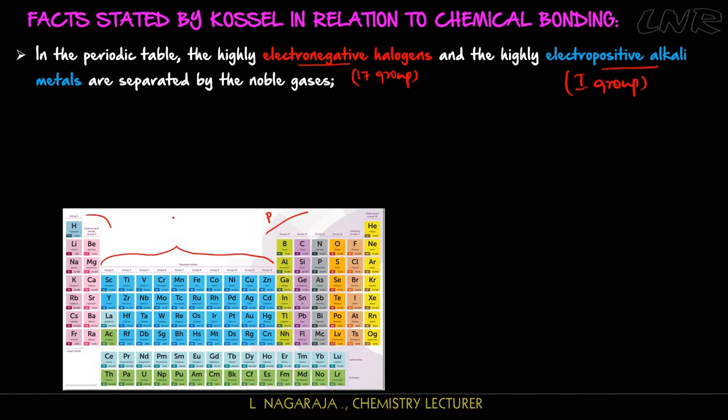So in the periodic table, the highly electronegative halogens and highly electropositive alkali metals are separated by the noble gases.